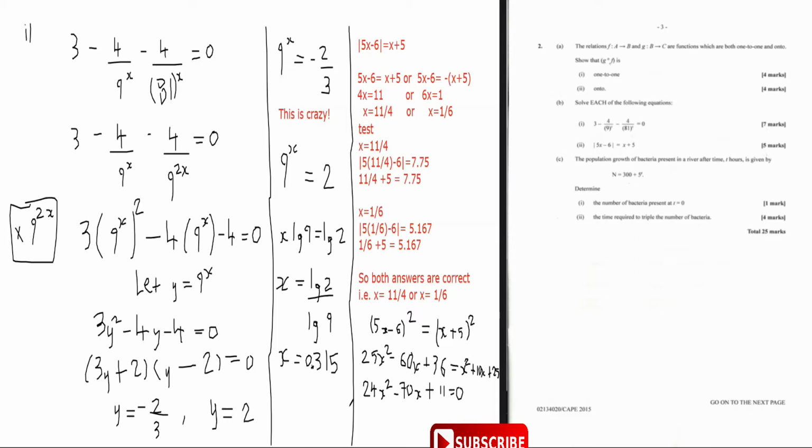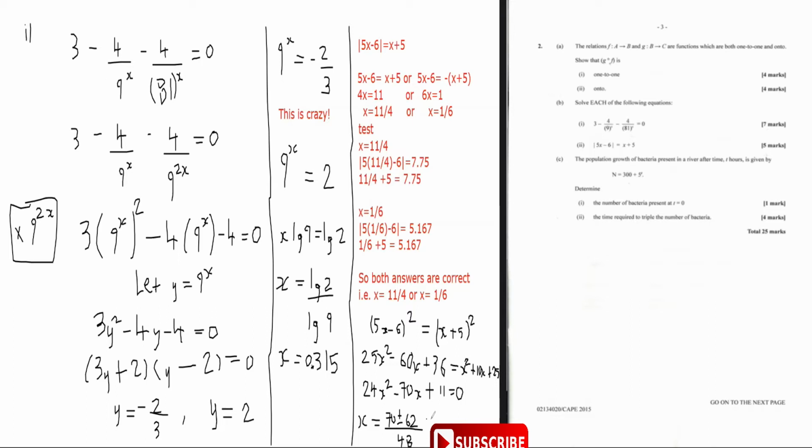All right, you could just use the quadratic formula from here, and you could get that x is going to be equal to 70 plus or minus the square root of b squared minus 4ac. When I work that out, that will be 70 plus or minus 62 over 2a. 2 times 24 is 48.